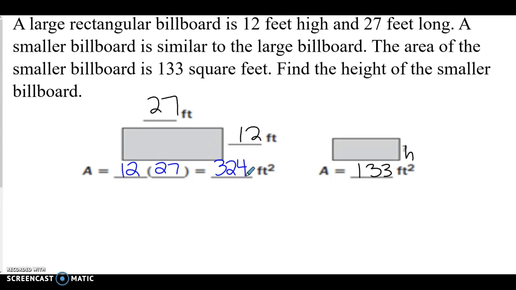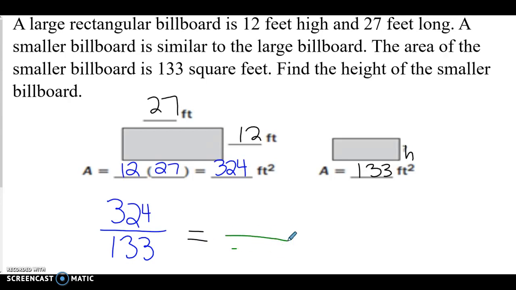So now I'm going to set up my area ratio of the big one to the small one. I'm going to have 324 to 133. That's going to start my proportion.